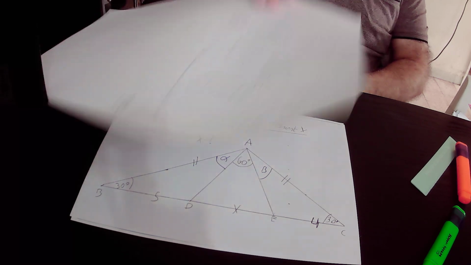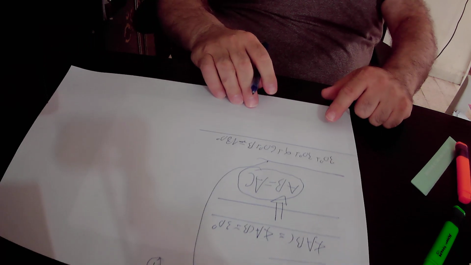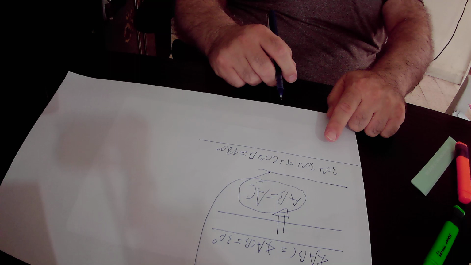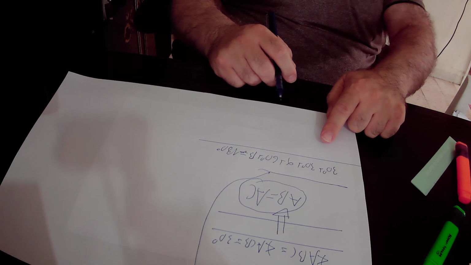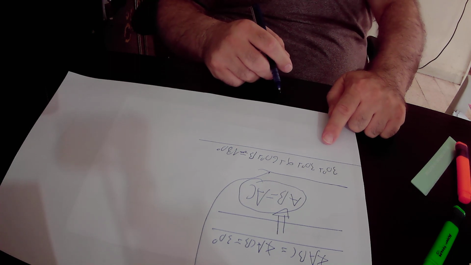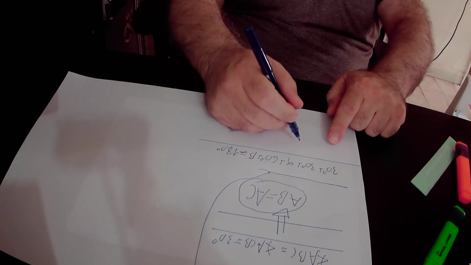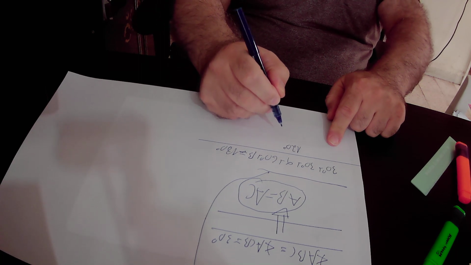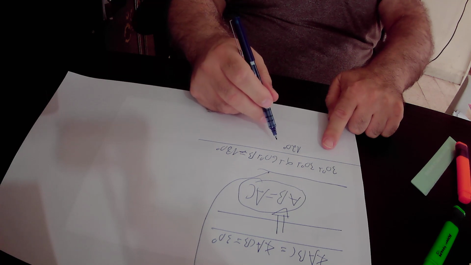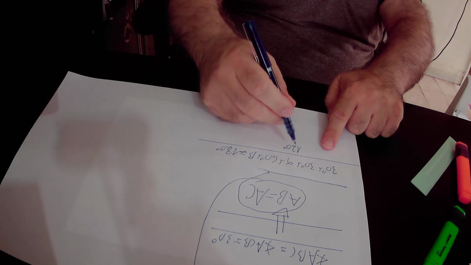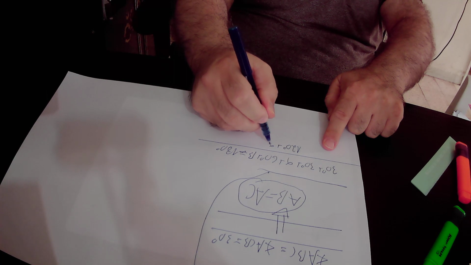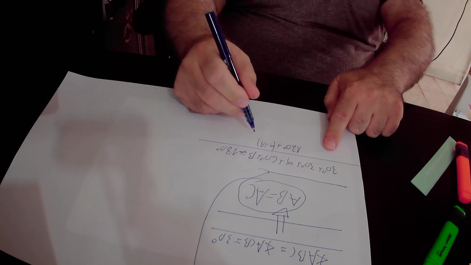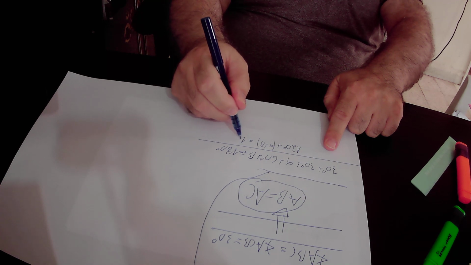Okay. The sum of the angles in triangle ABC equals 180 degrees. So here, 30 degrees plus 30 degrees is 60 degrees, and 60 degrees plus 60 degrees is 120 degrees. And here, on this side of the equation, plus alpha plus beta. In total, this side of the equation equals 180 degrees.